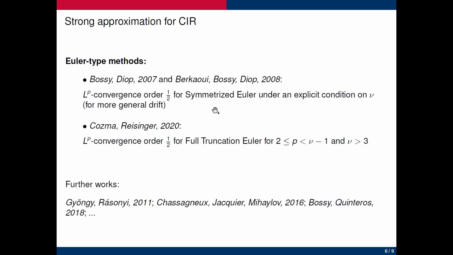Kosma and Reisinger proved an L^p convergence order of 1/2 for the full truncation Euler scheme, where p lies in the range of 2 and nu minus 1. They also assumed that the Feller index nu has to be larger than 3. There are several other works concerning the strong approximation of the CIR or more general processes, which are listed here.